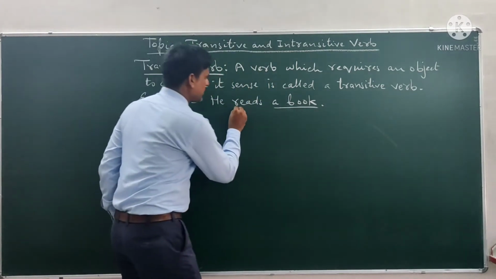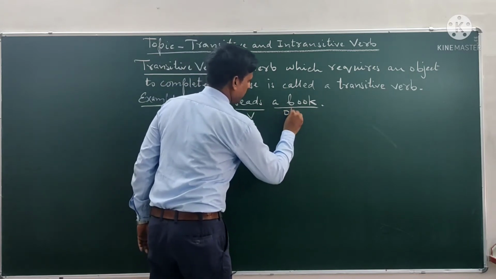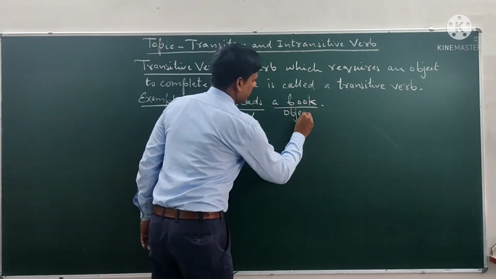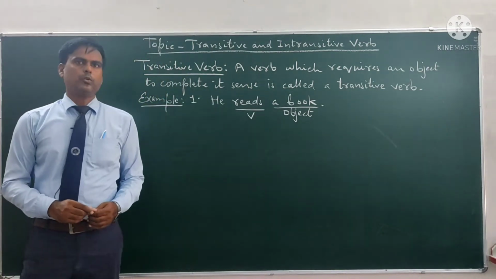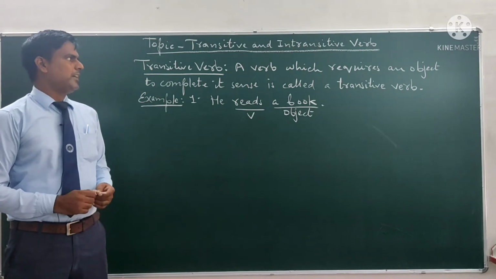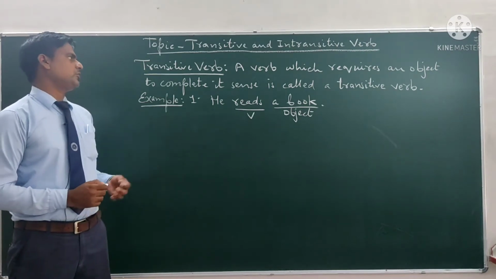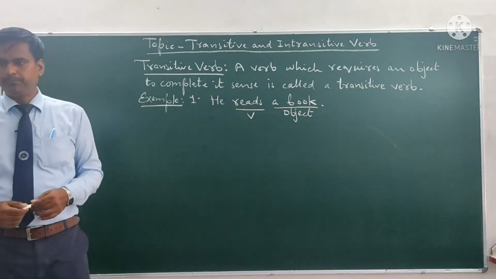It is the object of the verb read. Read is the verb and book is the object. So, a verb that requires an object to complete its sense is called a transitive verb.